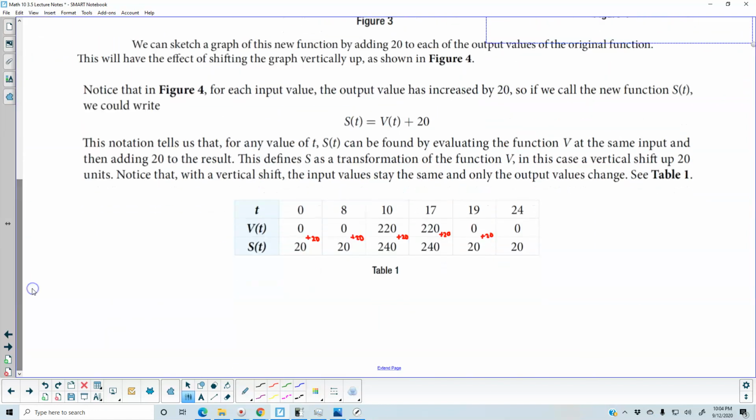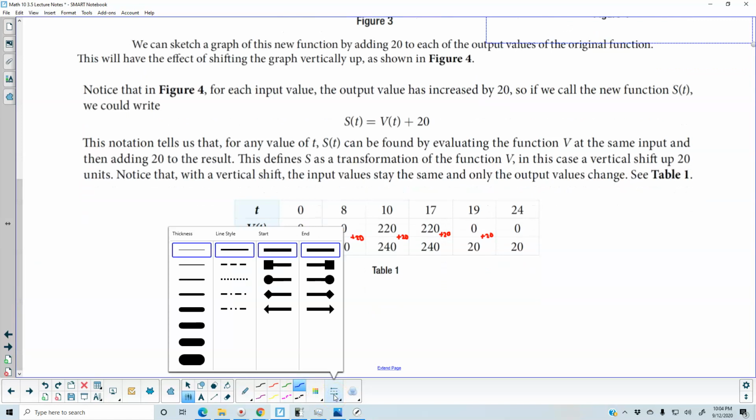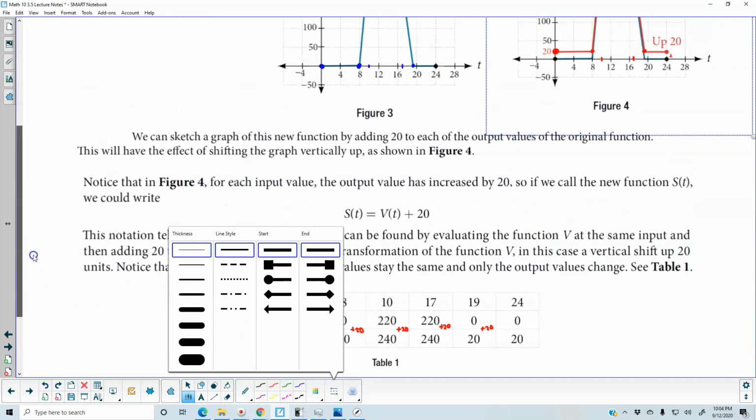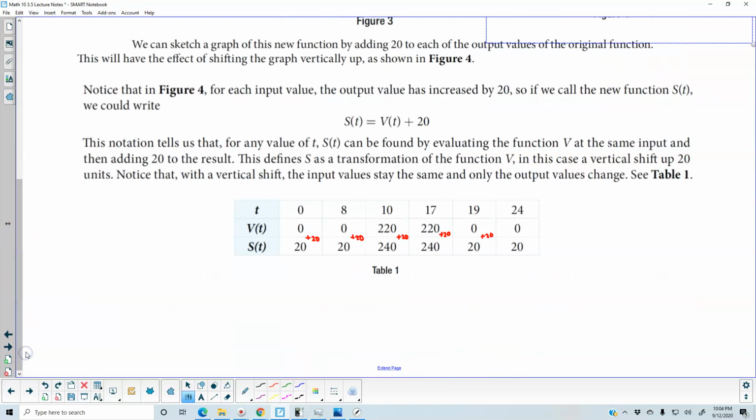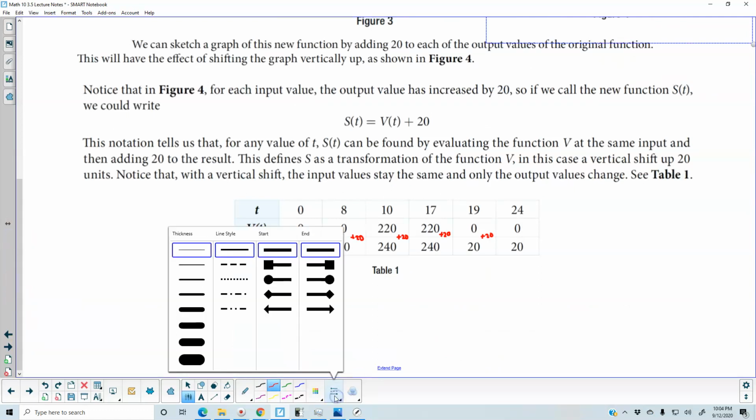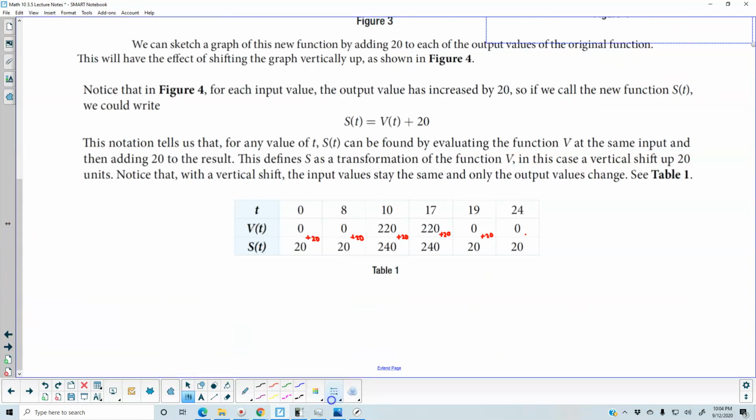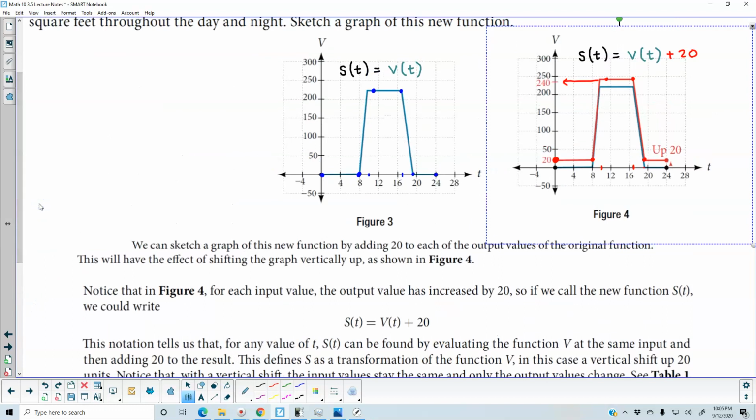And then again, for the last one, we have 24 and 0. So if we take a look at our graph, over here there's 24 and there's 0. And then again, what we're going to do is we're going to shift that up 20 units by adding 20 to the output. And so therefore, we shifted it up 20 units. So again, that is your vertical shift of 20 units.